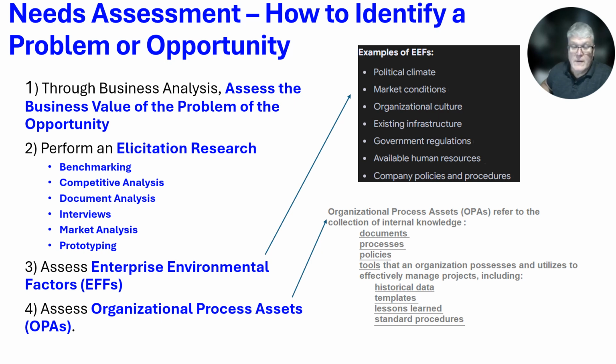Organizational culture, you have to ask, okay, is our organization ready? Do we have the people to be able to address the need? And if not, what are we going to do? Are we going to use third-party help? Things of that nature. The existing infrastructure.